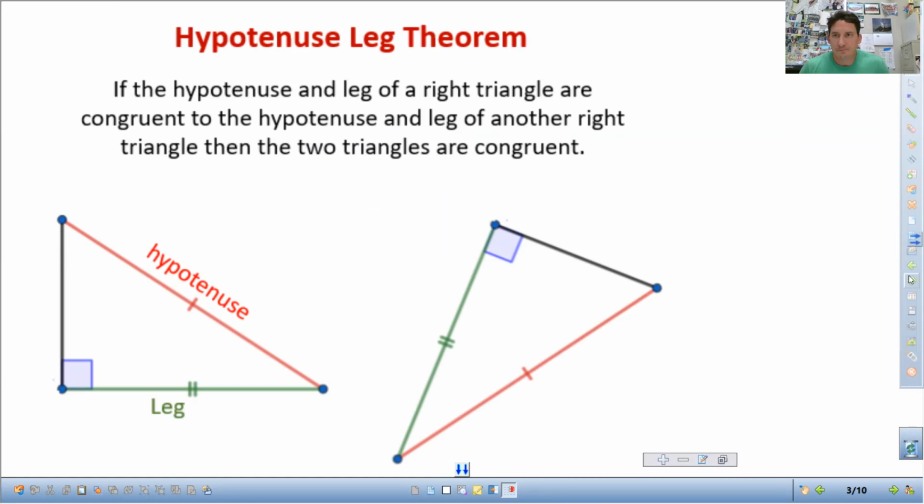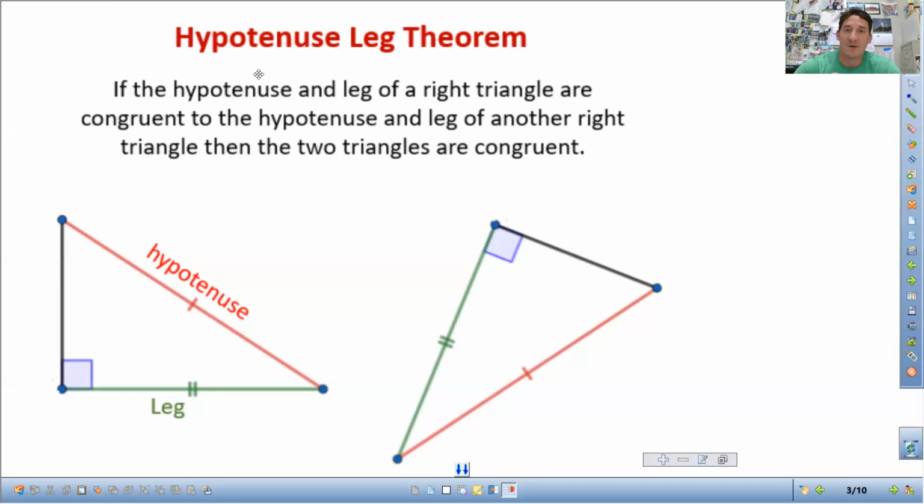So remember what we talked about with the other lessons. There are 6 parts to a triangle: 3 sides and 3 angles, and we've said that you only need 3 parts from one triangle to match up and be congruent to 3 parts of another triangle. This one's a little bit different because it says hypotenuse leg, so that's 2 parts.